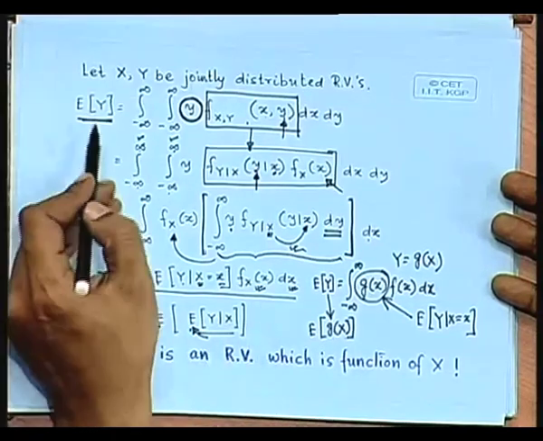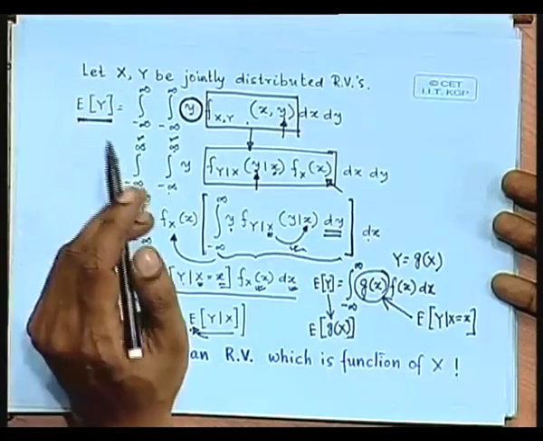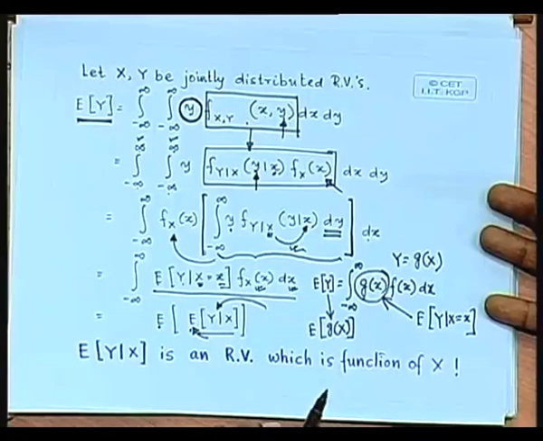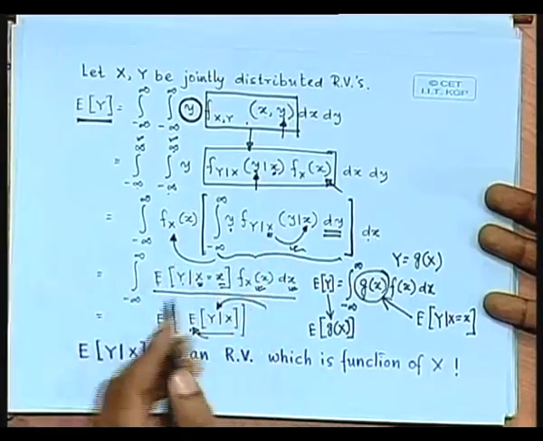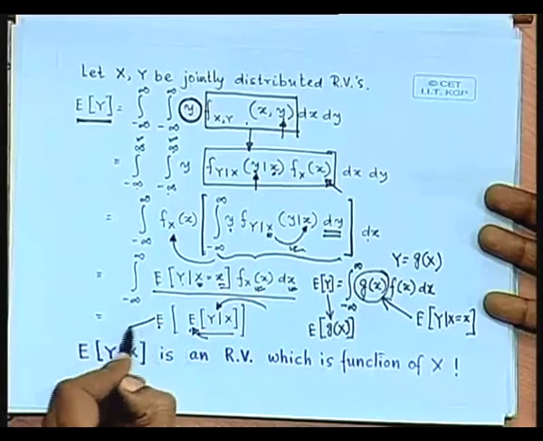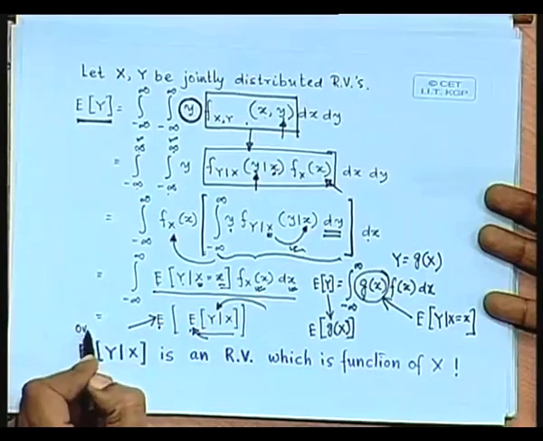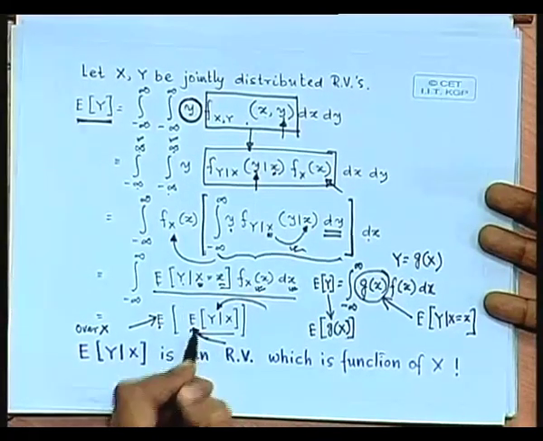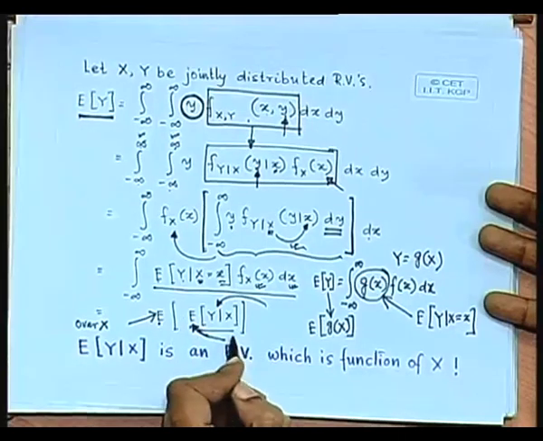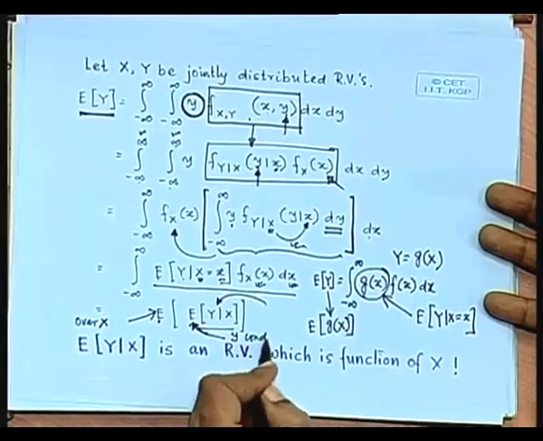This is very interesting, and sometimes so useful: if you want to calculate the unconditional mean of y, it becomes very useful to first calculate a conditional mean as a function of x and then take an expectation over x. Remember that this expectation is over x, while this expectation is over y conditionally on x.